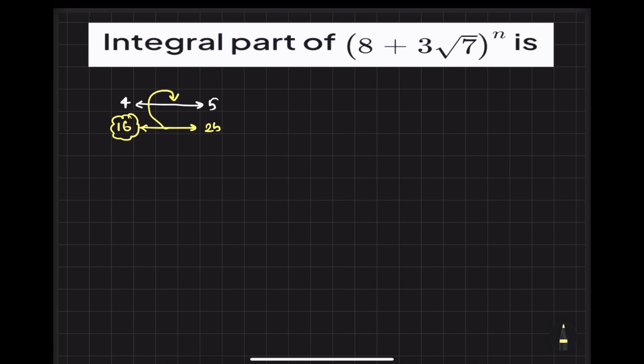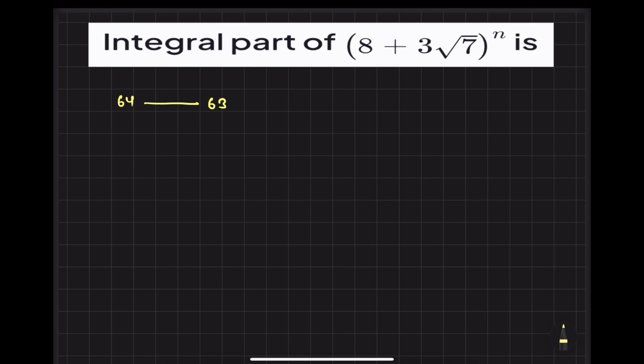Now look at this. What I will do is try to connect this with some other number. So we have 8. What is the square of 8? 64. You have 3 root 7. What is the square of 3 root 7? It is 63.